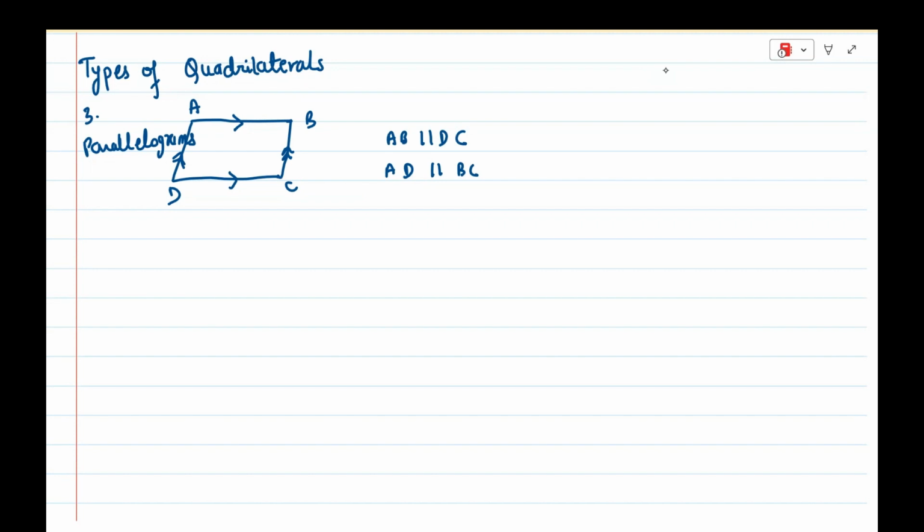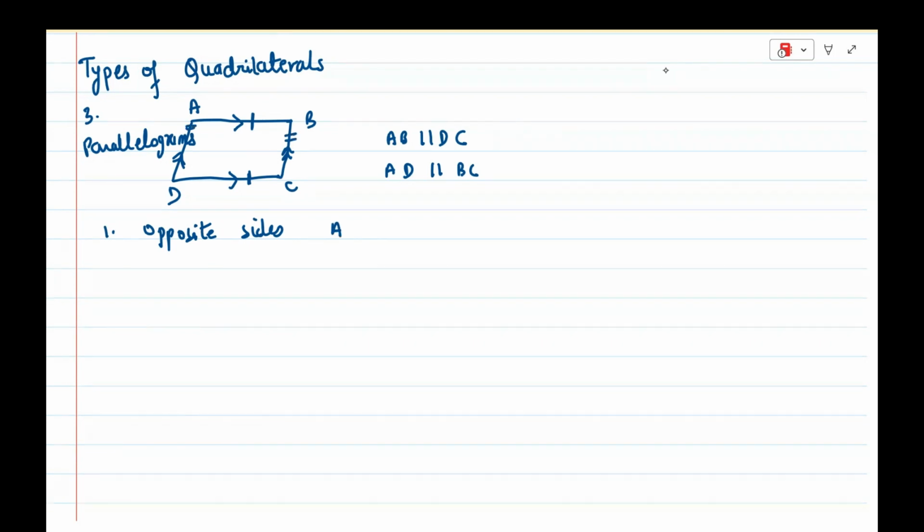So what are all the properties of a parallelogram? Let's understand that. Before going to the properties, we need to understand a few terms which we use here. The first one is opposite sides. Opposite sides are very clear. If this is AB, the opposite of it is DC, and if I take AD, the opposite side is BC.